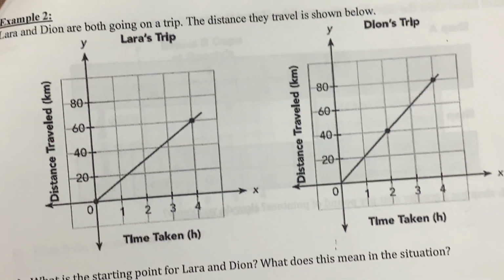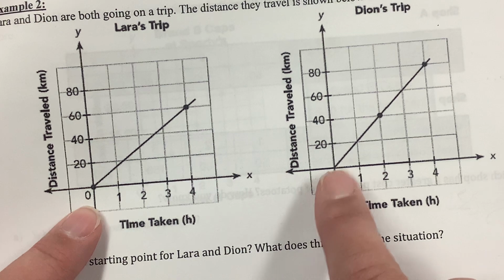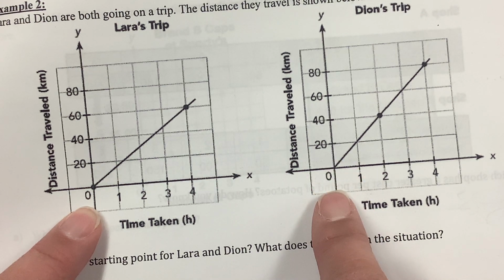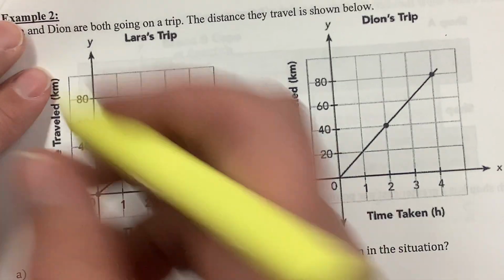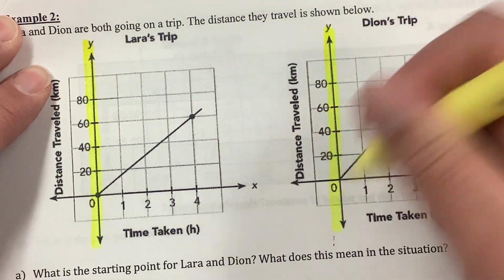What is the starting point? Well, they both have the same starting point here. They both are starting at 0 because both their y-intercepts are 0. So let's just highlight these y's and then write it down.